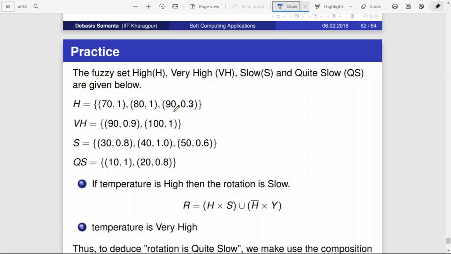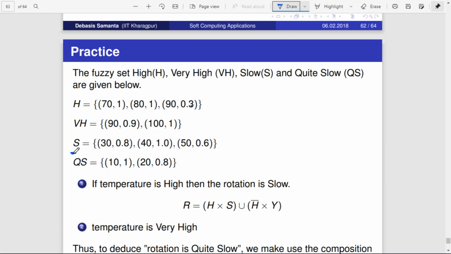For 90, its highness value is 0.3 because it comes under very high. So 70 and 80 come under high temperature. For very high, 100 is very high, and for 90 the very high value is 0.9.